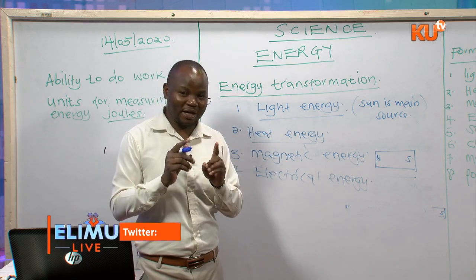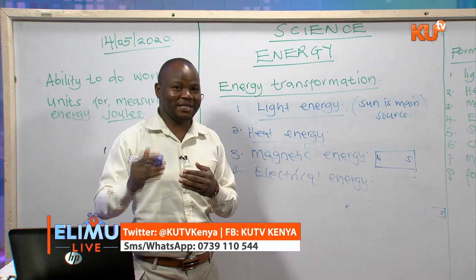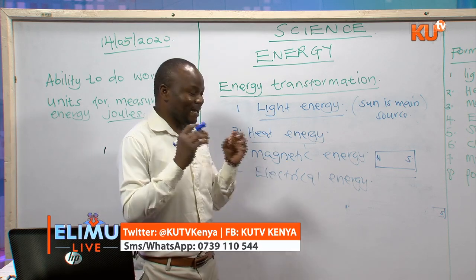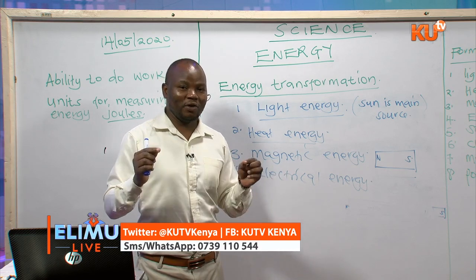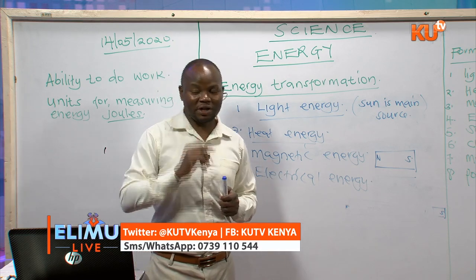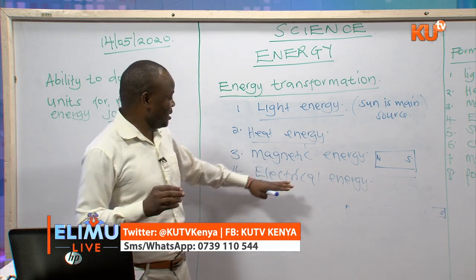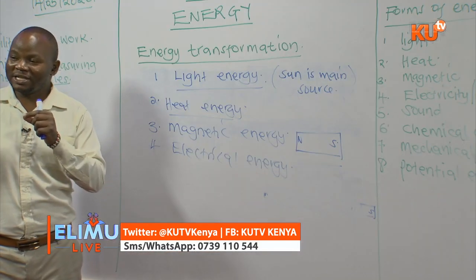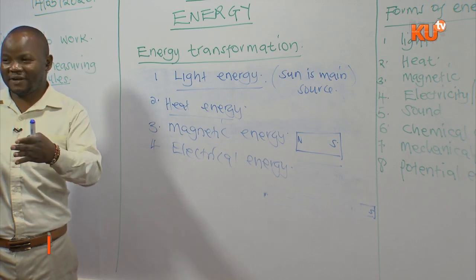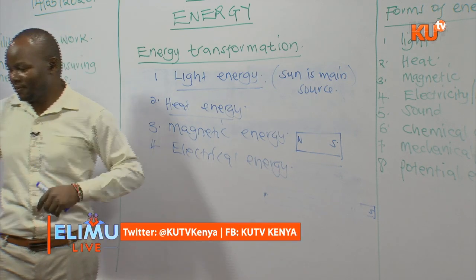It must be a metal, and that metal should be a magnetic material. Electric energy will only move through the wire or through a metal. That is what I want you to understand: electrical energy requires a media for it to be transferred from one form to another.